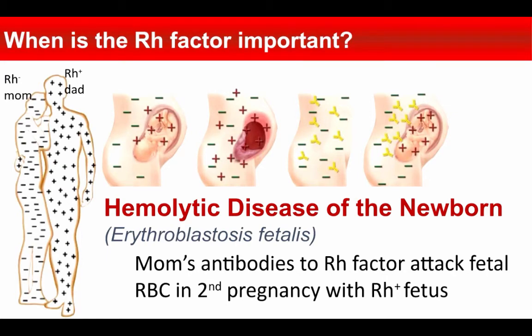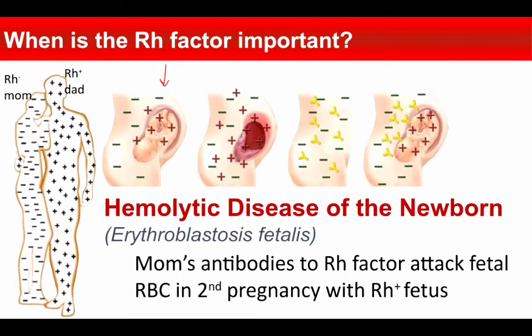Now, for that first pregnancy, in general, if it's an uncomplicated pregnancy, everything's fine. The problem comes after labor and delivery, because at that point, the blood of the mom and the baby, actually, birth is a bloody thing.